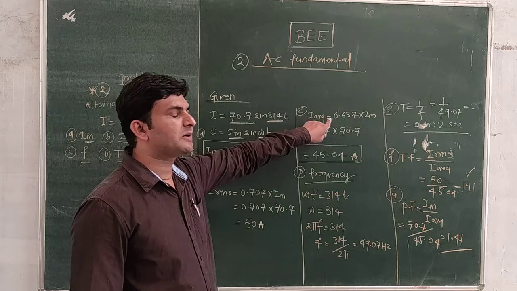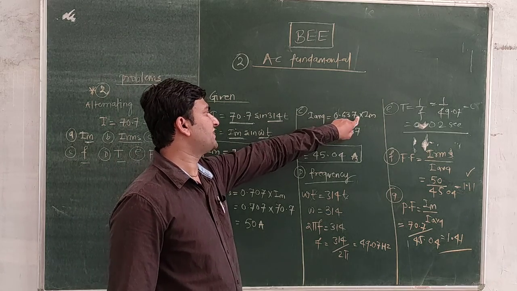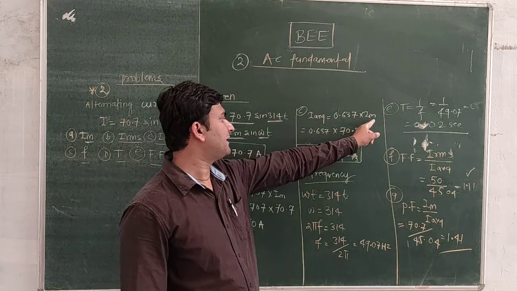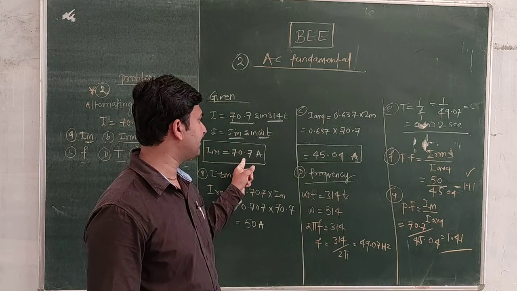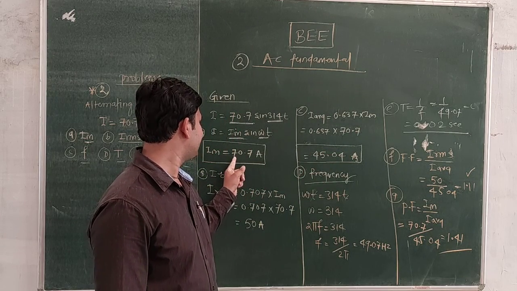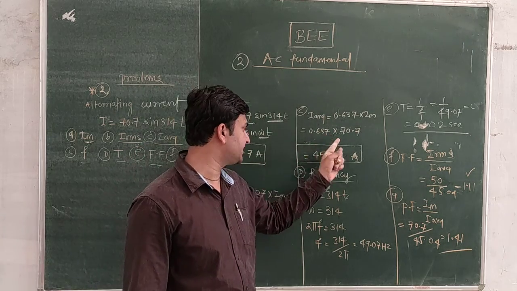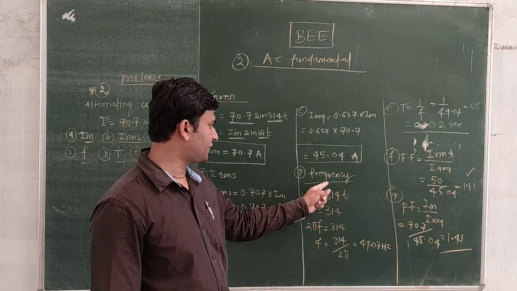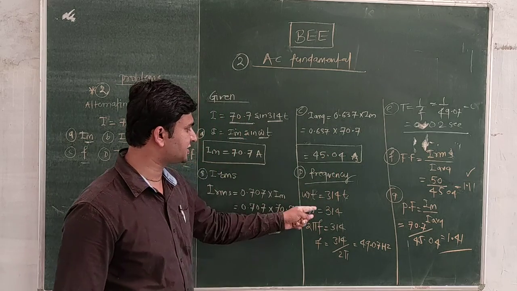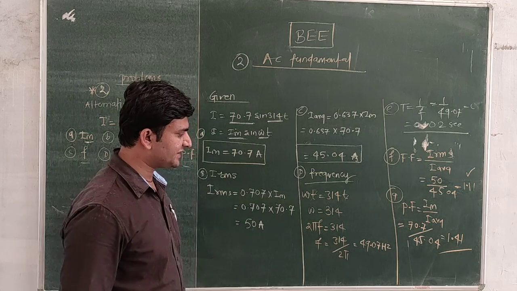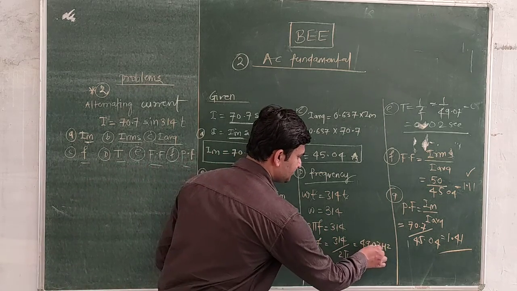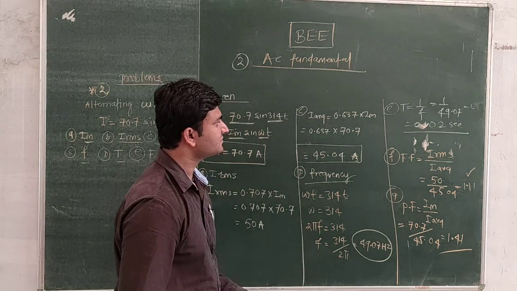Then the average value, with formula 0.637 multiplied by the maximum value. Then for frequency we compared with the standard expression, and the frequency is 49.07 hertz.